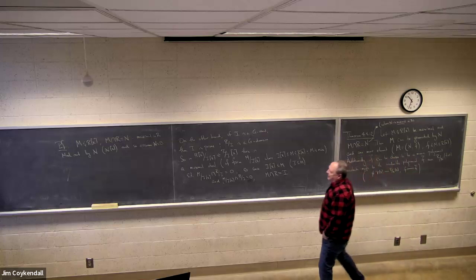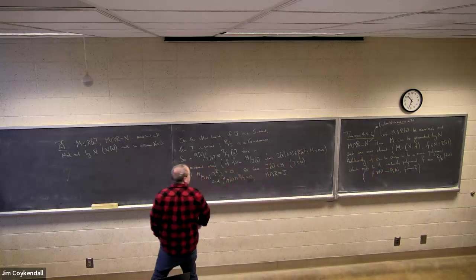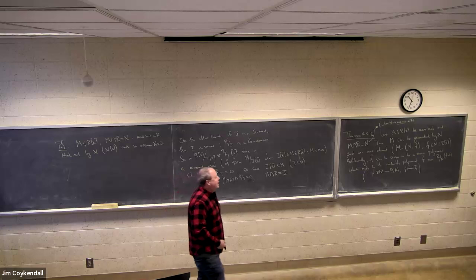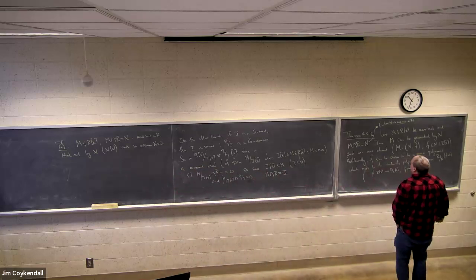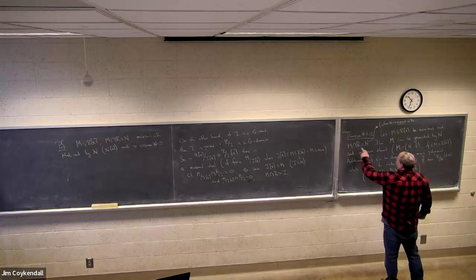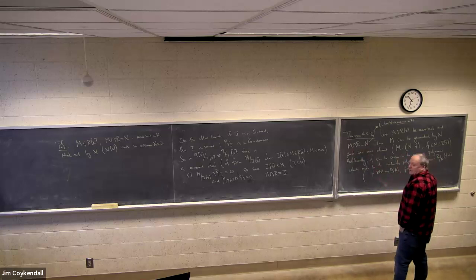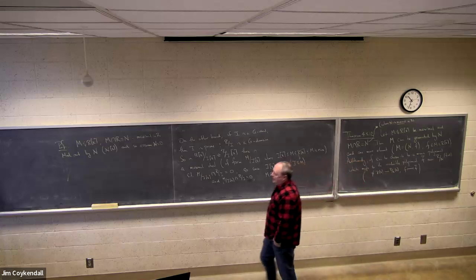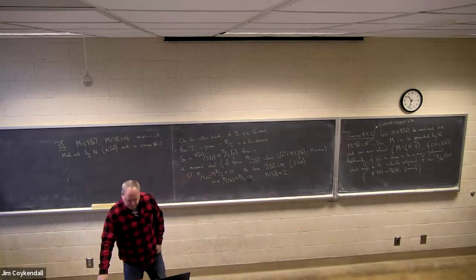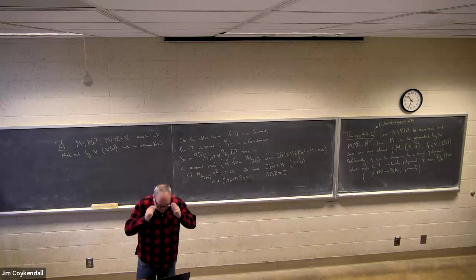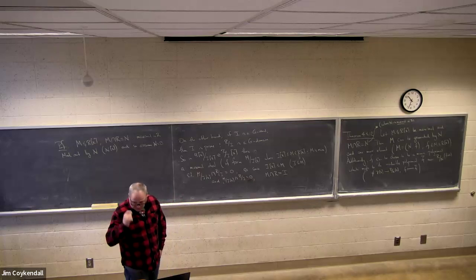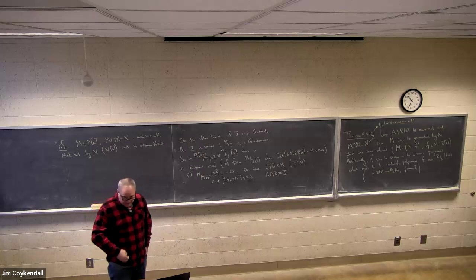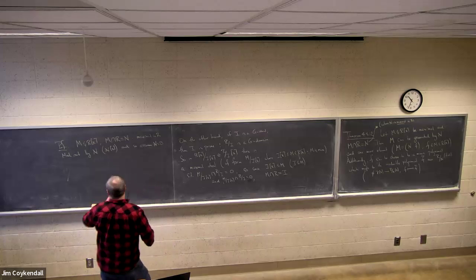So let's see what happens in the 0 case. In the 0 case, we have that M intersect R is equal to 0, right? And so what does that mean?